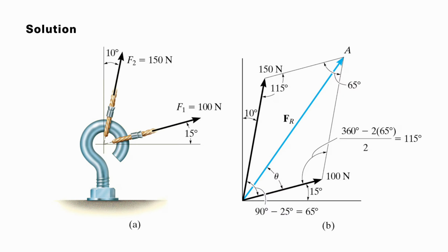So if we have 65 degrees between F1 and F2, that means at point A we also have 65 degrees. A parallelogram has 360 degrees, so the rest of the angle is 230 divided by 2, which gives us angles of 115.